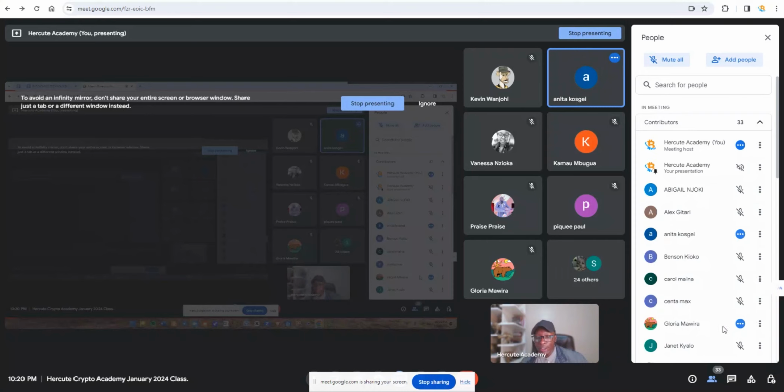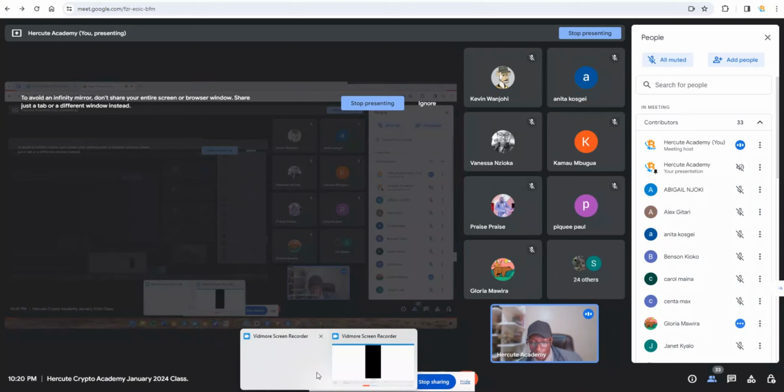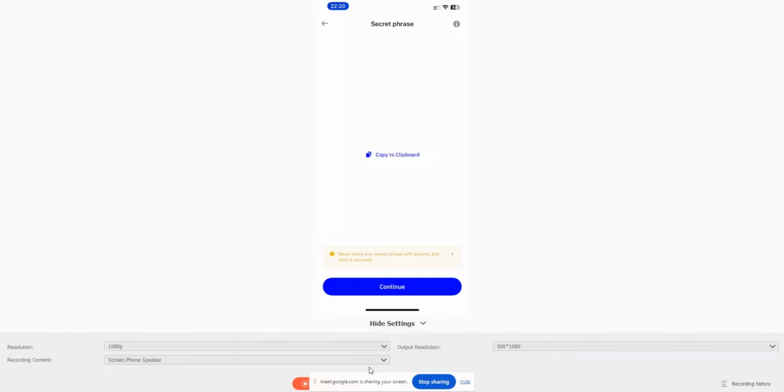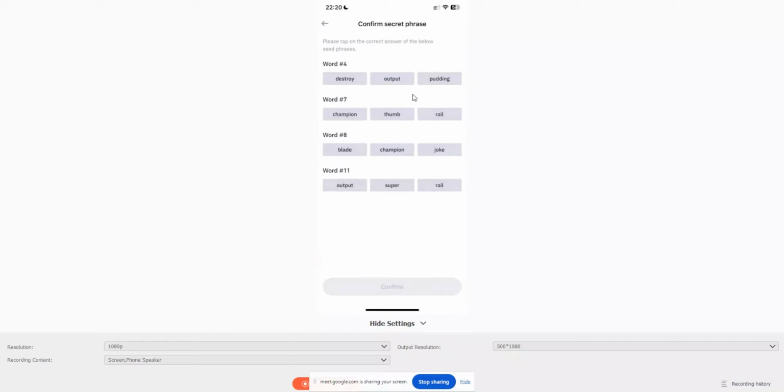Now let me go back to sharing my screen so that everyone can see. So I've written mine down, so I'm going to click continue. And you see now it's asking me what was the fourth word. My fourth word was pudding, so I'm going to click on pudding on my phone.